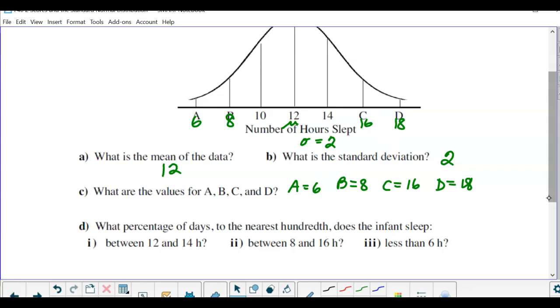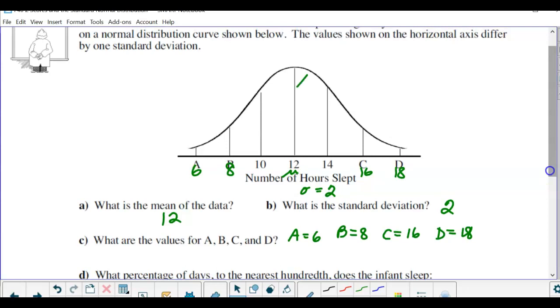Okay, now we're going to learn how to do this on a calculator. For now, just look to the left of your page. Okay, with those percentages, it says what percentage of days does the infant sleep between 12 and 14 hours.